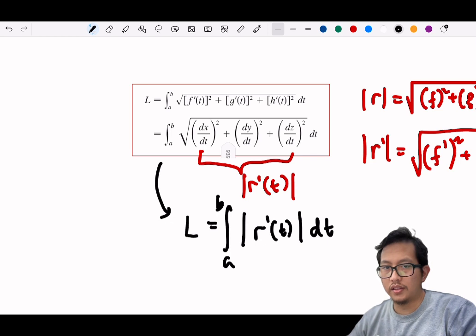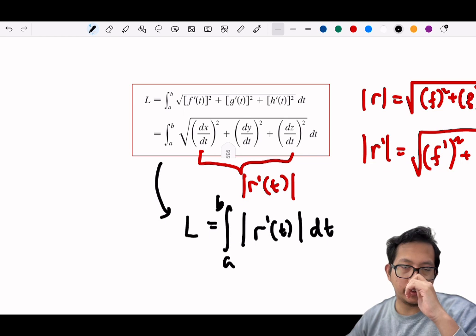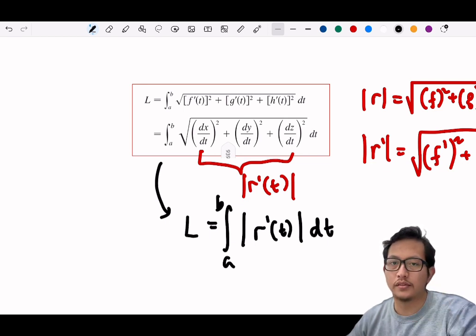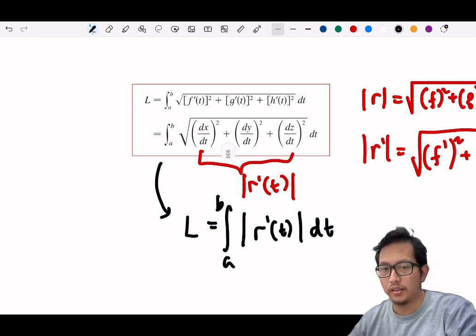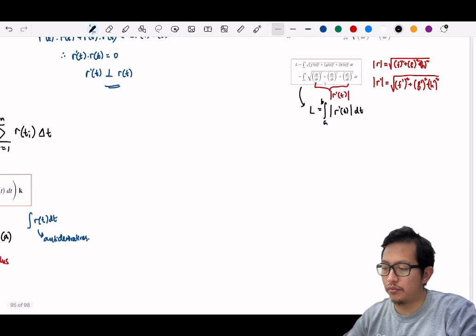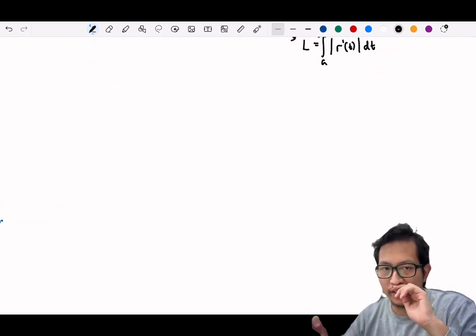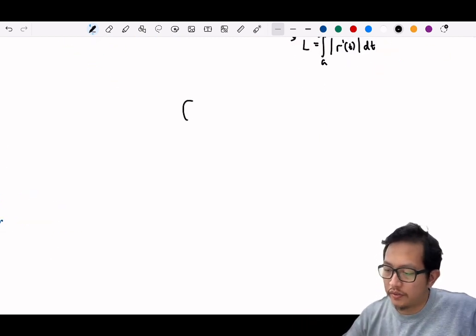I think there is another aspect within this arc length that we can elaborate, but I would skip that for a while. Let me give you some idea what that's about. That is actually the curvature.